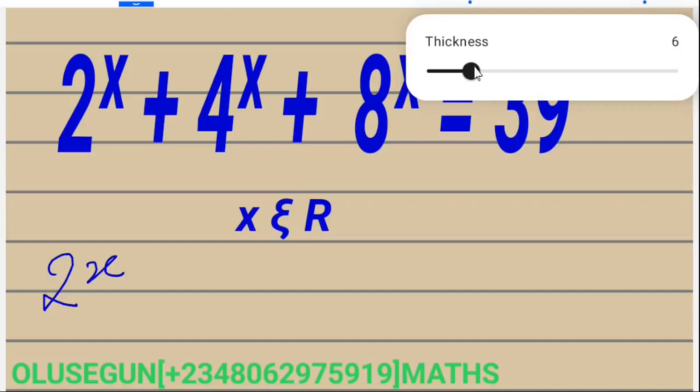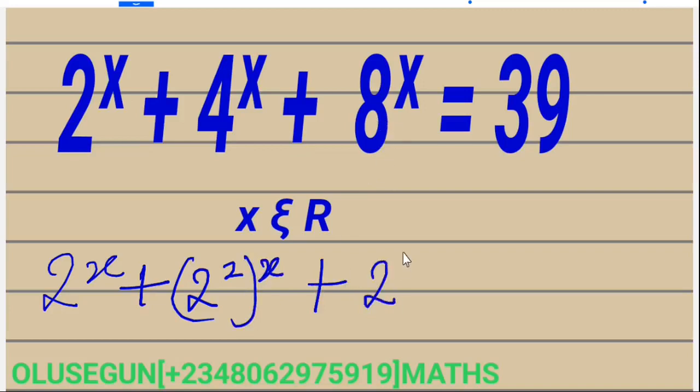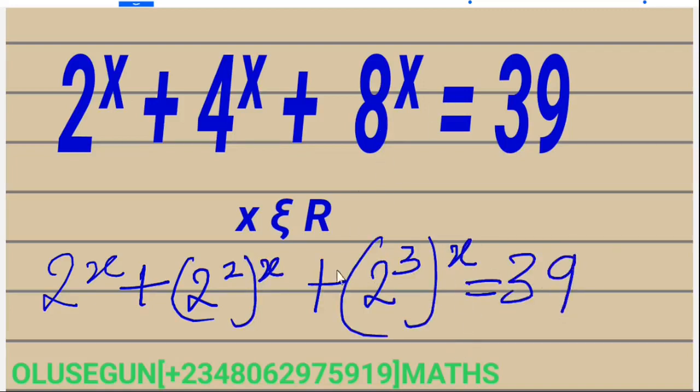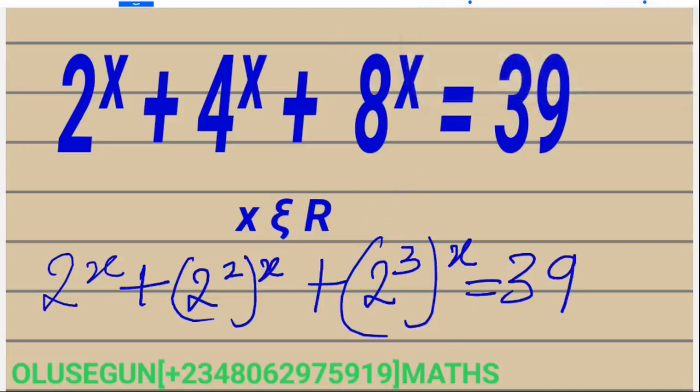Let me try to make it bold. 2 raised to power x plus, 4 can be written as 2 raised to power 2, all raised to power x, plus 8 can be written as 2 raised to power 3, all raised to power x, is equal to 39. So there's still the power of index that we need to put in place.